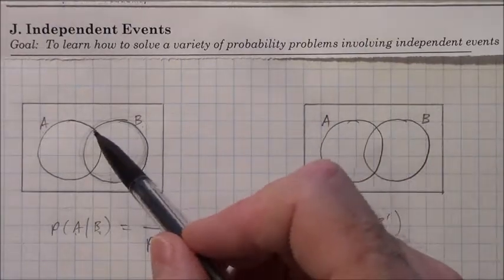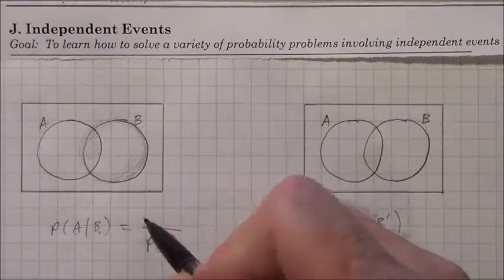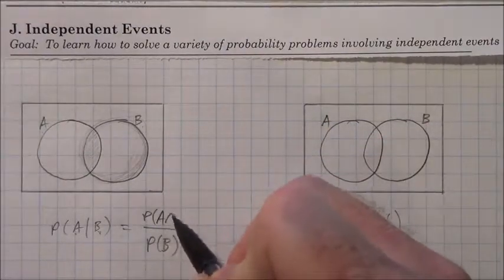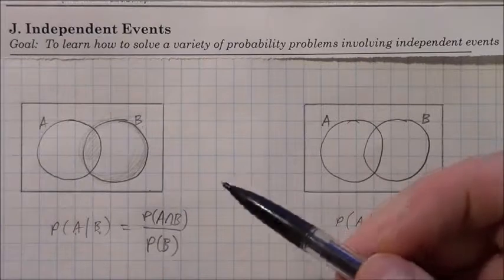The only place where they overlap is right in here, which is the intersection of events A and B.